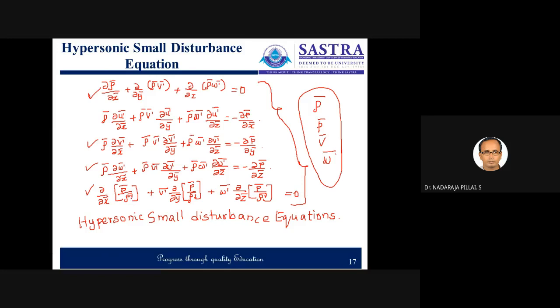The fact that u dash is decoupled from the rest of the system is another point where we have discussed that the change in velocity in the flow direction over the hypersonic cylinder body is much smaller than the change in velocity perpendicular to the flow direction.